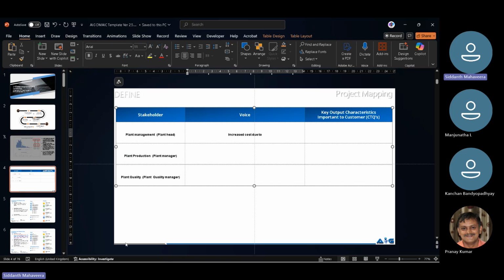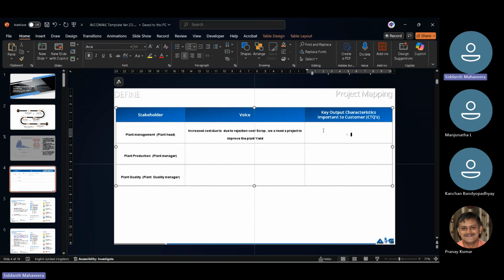Similar to that, the plant head's voice is that there is increased cost due to yield loss and rejection. Rejection cost, right? The scrap cost. So we need a project to improve the yield.